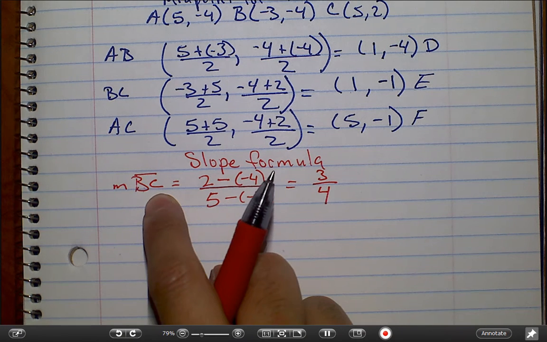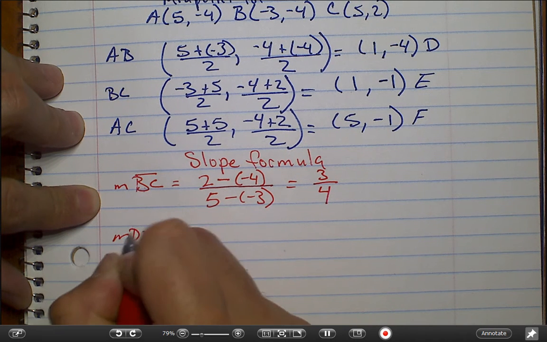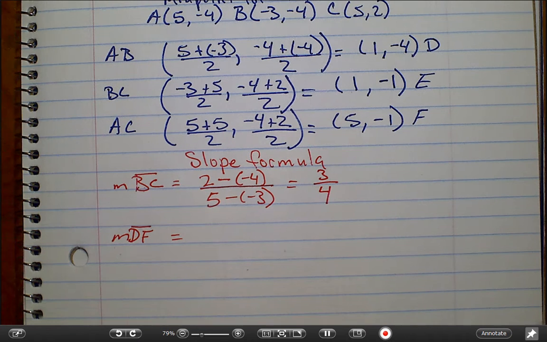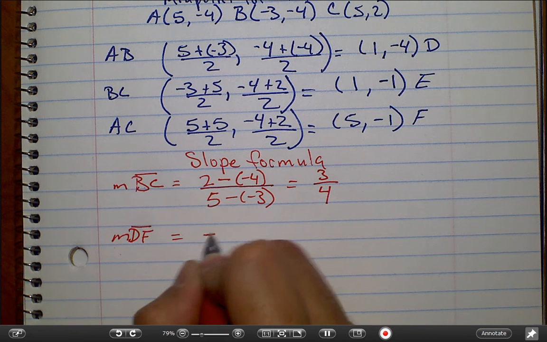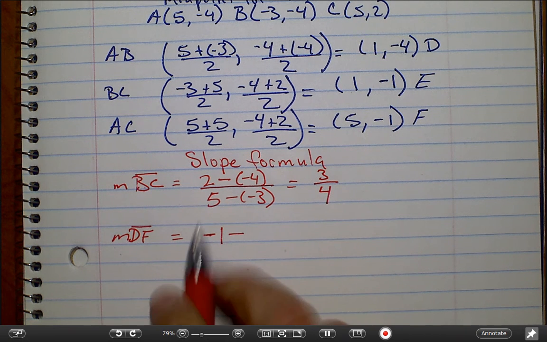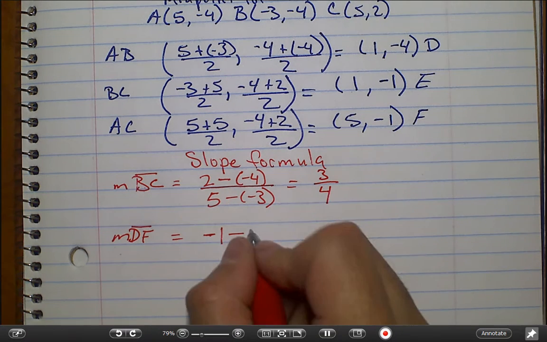Now it also said find the slope of DF. So which one's my second point here? F, very good. Y from the second point gives me -1, right? -1 minus, what is y from my first point, which is D? -4, very good.